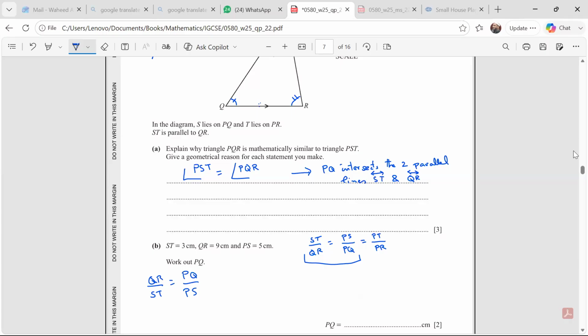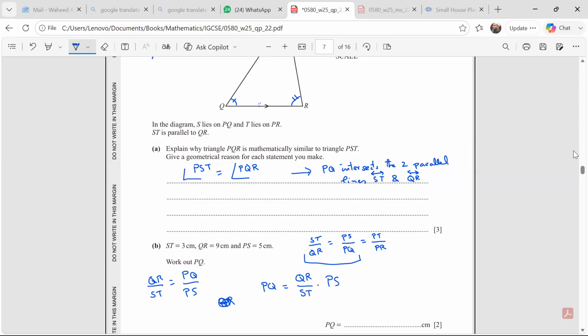So from here you can see that PQ is equal to QR over ST multiplied by PS.